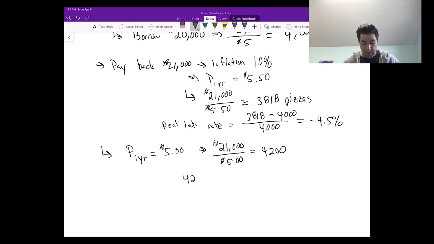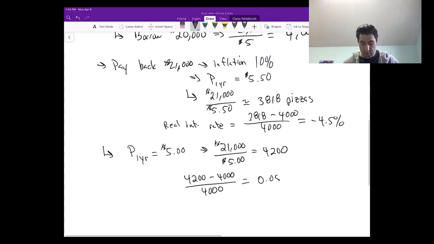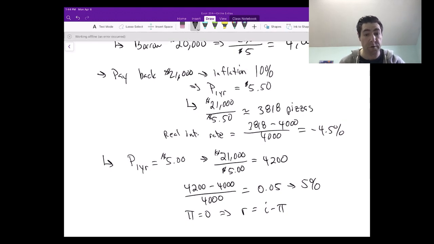And so the real interest rate in that case is exactly equal to the nominal interest rate, just what our Fisher equation would tell us. 200 over 4,000 is our 5%. So when the inflation rate is 0, the real and nominal interest rates match up.